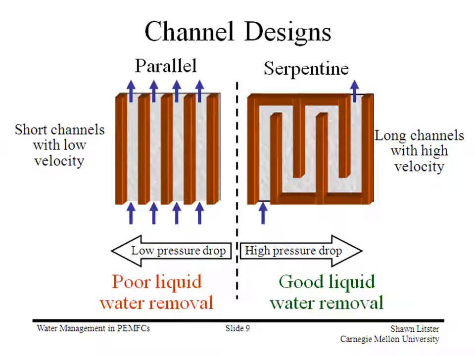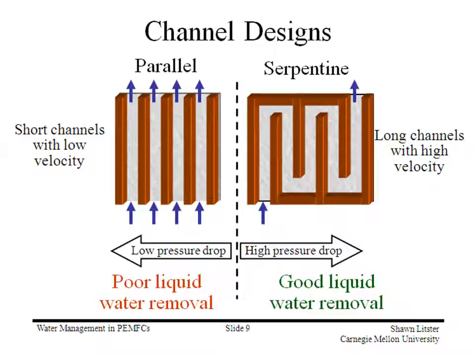Even though you may have a higher pressure drop, you need that higher pressure drop to force out water in some cases. So the optimal design is going to be someplace in between the two. But I just want to give you a feel: the parallel ones are going to be poor for liquid water, but lower pressure drop. Serpentine are going to be better at removing liquid water, but you pay the price in a higher pressure drop.